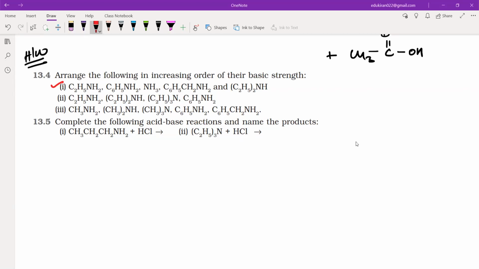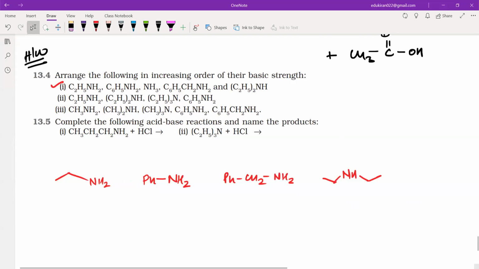So the first is C2H5NH2. Then I have PhNH2. Then again we have PhCH2NH2. What else do we have? We have NH with 2 C2H5, that is (C2H5)2NH.